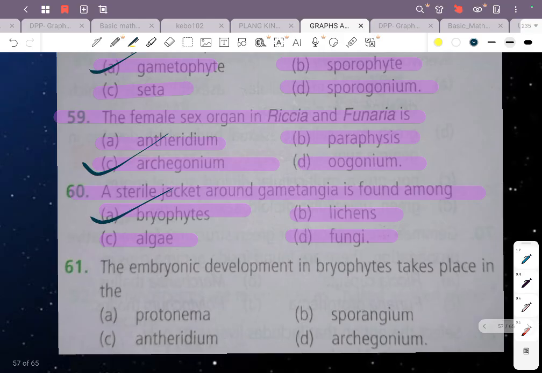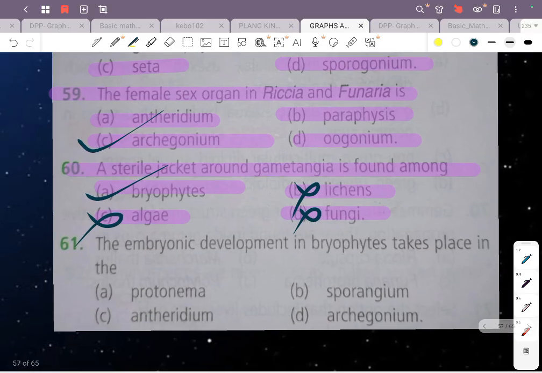First of all, lichens are symbiotic associations between algae and fungus, so clearly eliminate that, right? No such sterile jacket of cells is found there. As for fungi, there is no such concept of sterile and jacketed sex organs, because fungi mostly form spores, right? In algae, we clearly mention that they have non-jacketed sex organs, right? So we can eliminate algae too and we're only left with one choice, which is A, bryophyta.